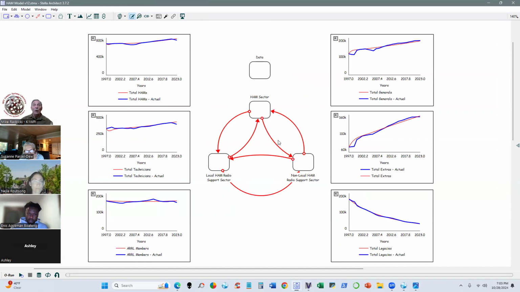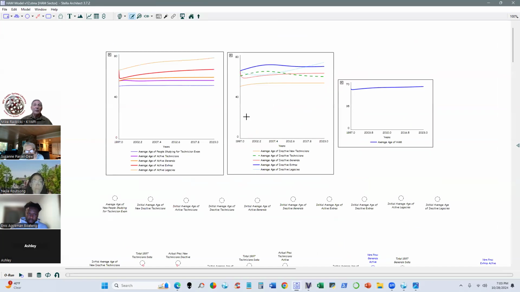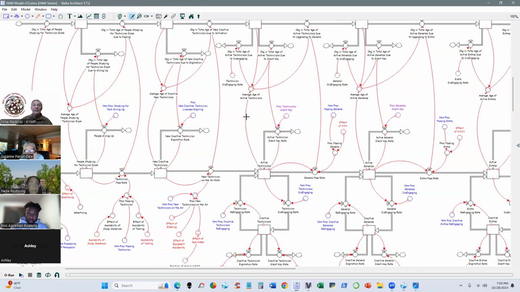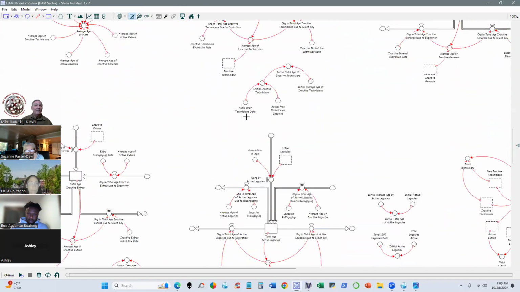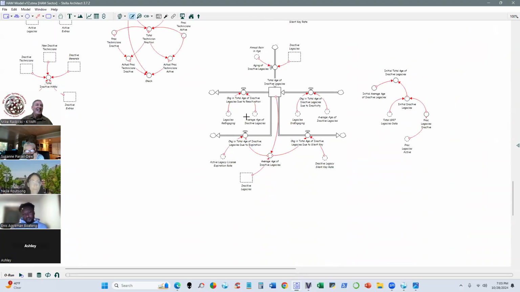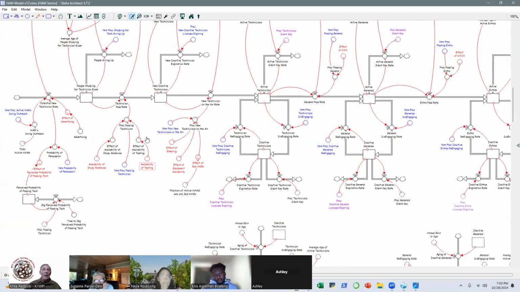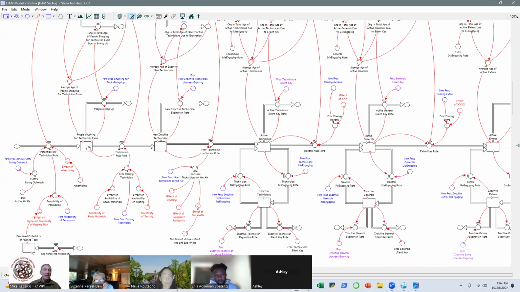But we're getting to the coflows. So here's the ham sector. So the ham sector is kind of big. And here's what's going on. So we have people studying for the first exam, because you can't be a ham unless you pass these tests to get your licenses.